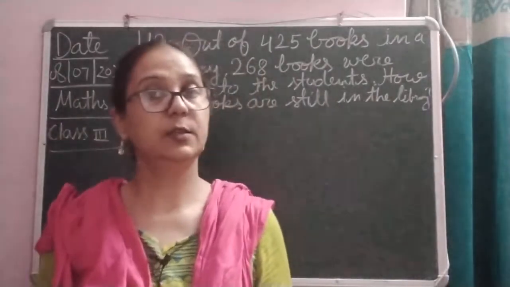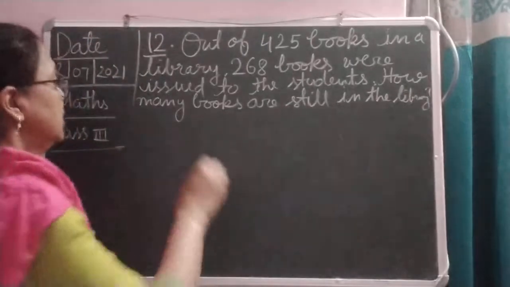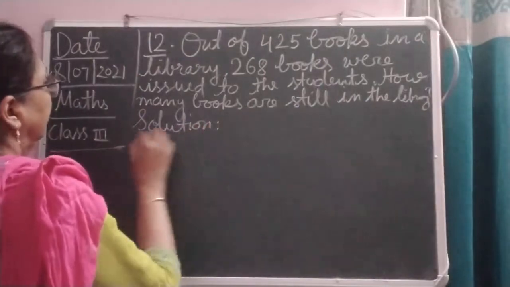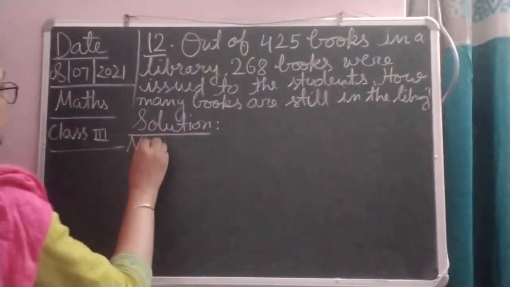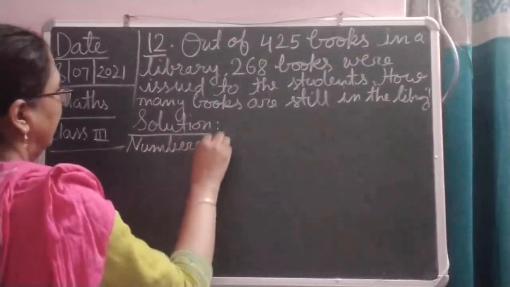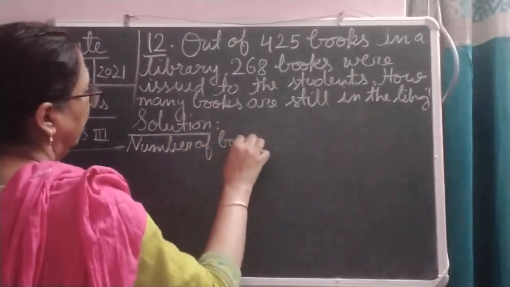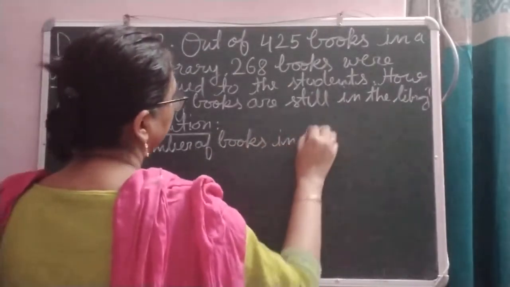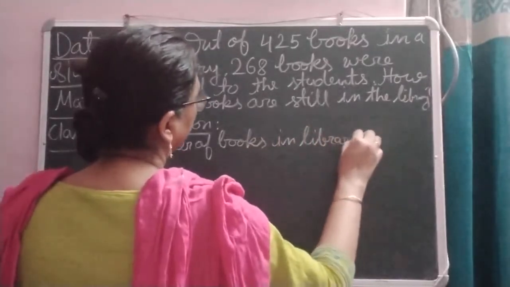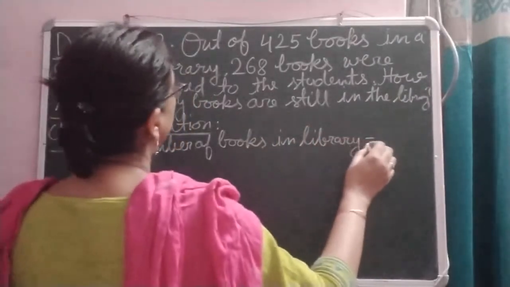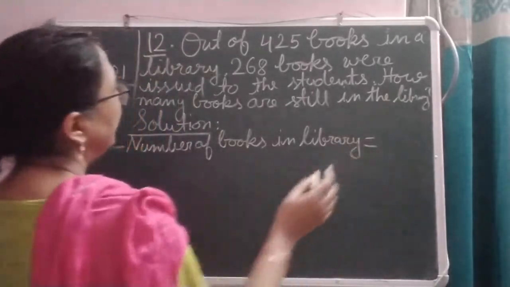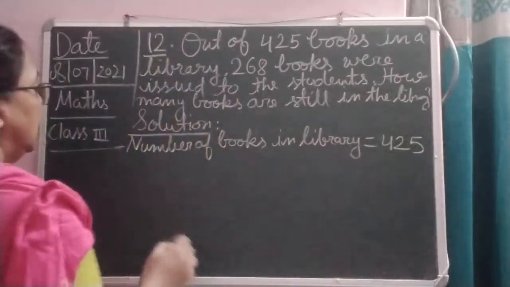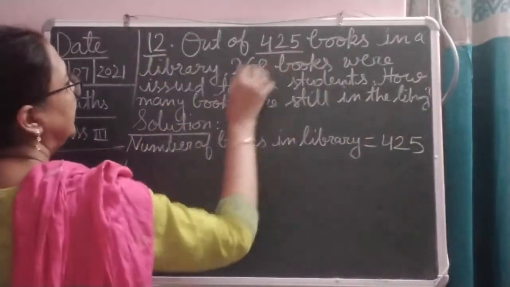So children, let's solve this question. So we will write here solution. Number of books in library equal to 425.